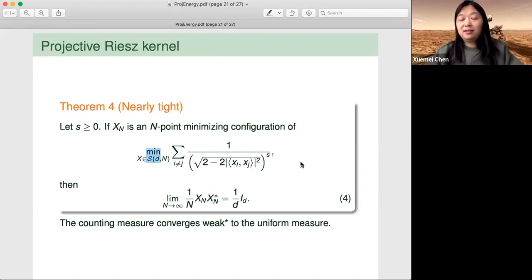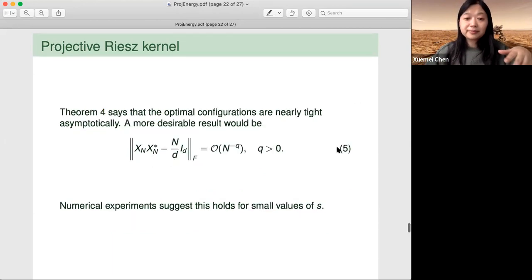It's not in the paper, but only in numerical experiments, we tried -S and maximizing that to see how it goes. So if S is -1, which I tried, this obviously should be a maximizing problem.